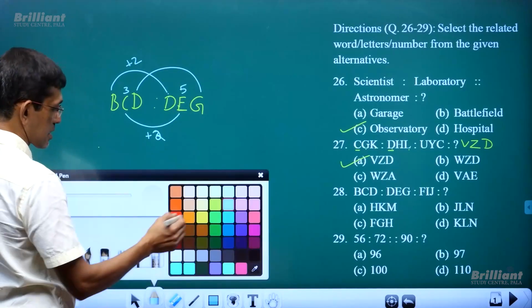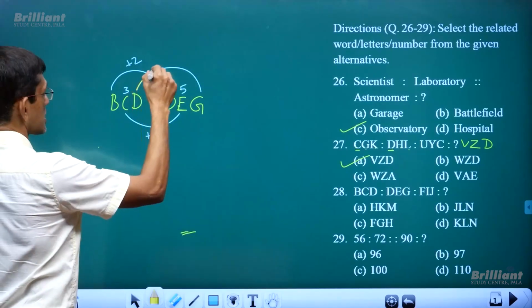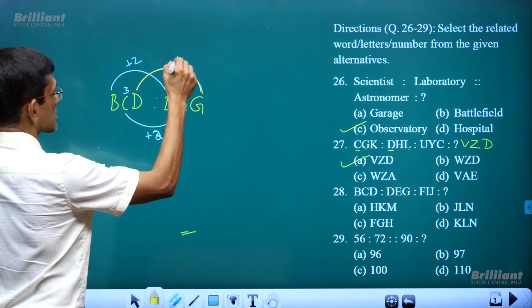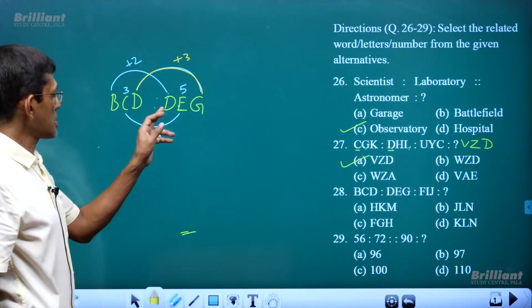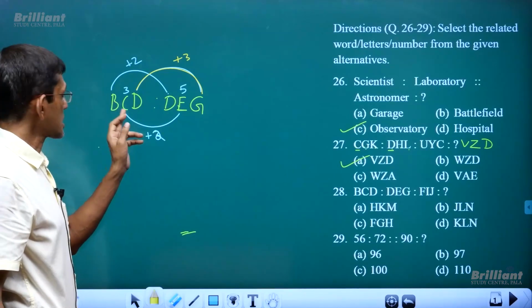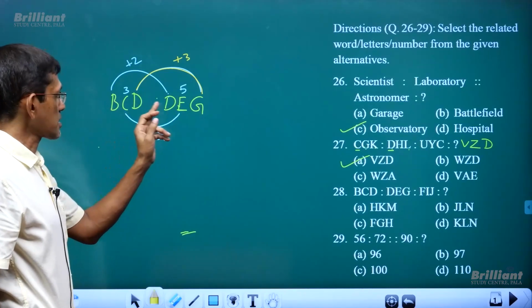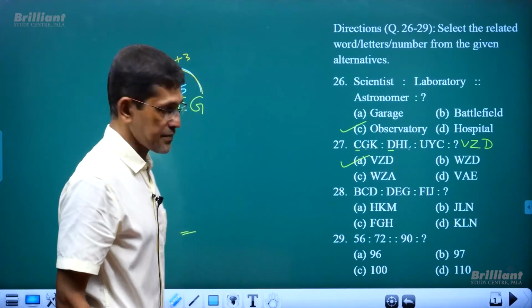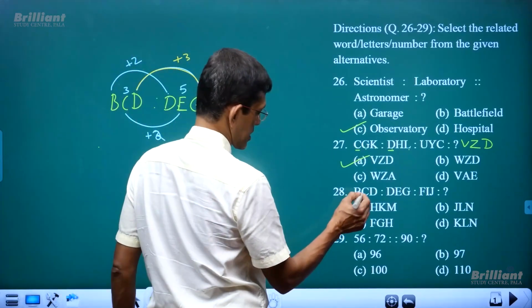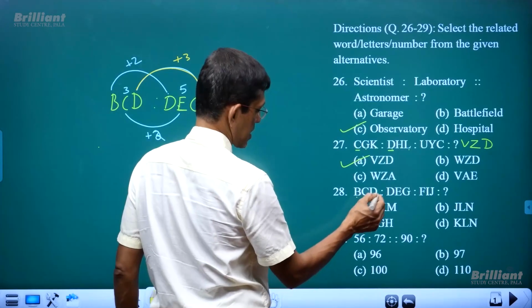D plus 3. D plus 3 is G. So that's the pattern: B plus 2 is D, C plus 2 is E, D plus 3 is G.